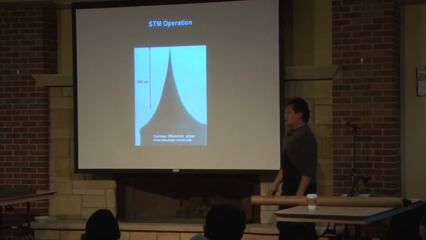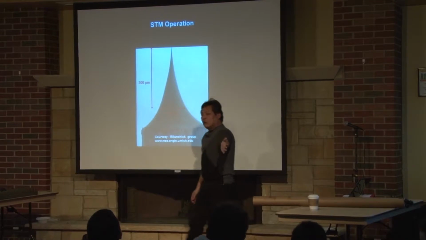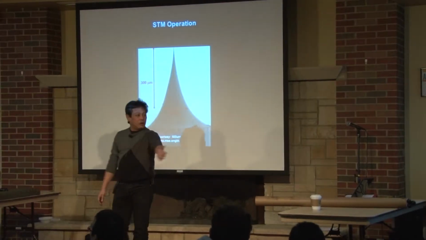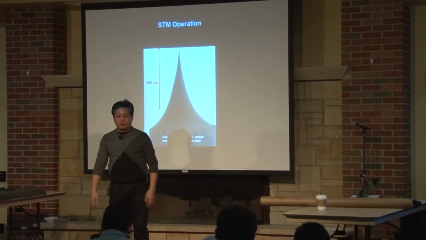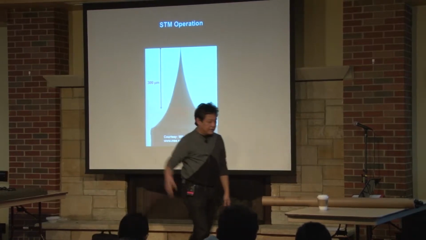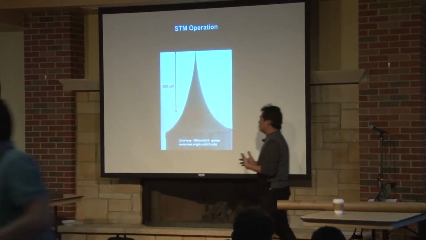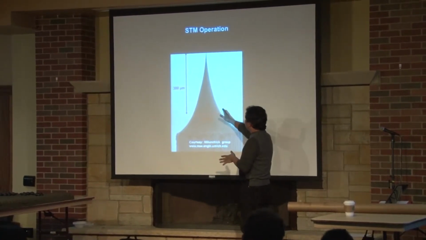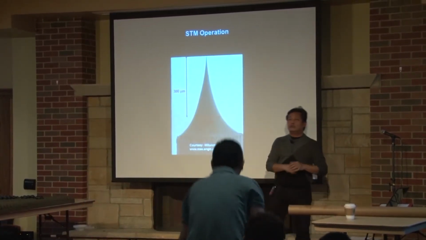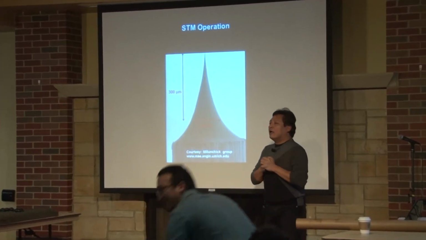Now you are looking at the tips. I'm hopefully passing them around. Why don't you give it to the back as well? I want to explain a little more detail about this tip. This is a tip that we use to image the atoms.